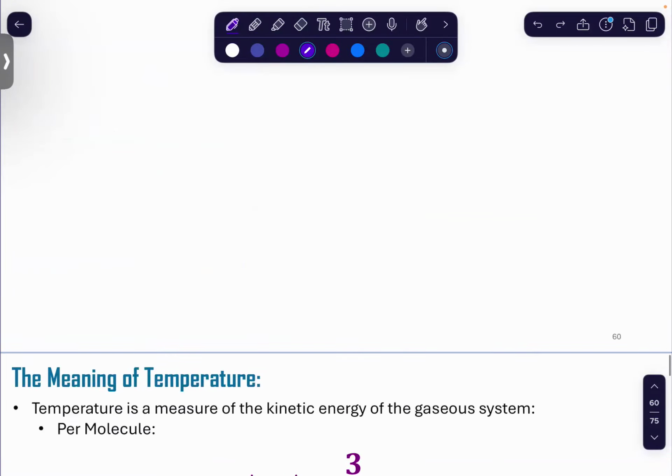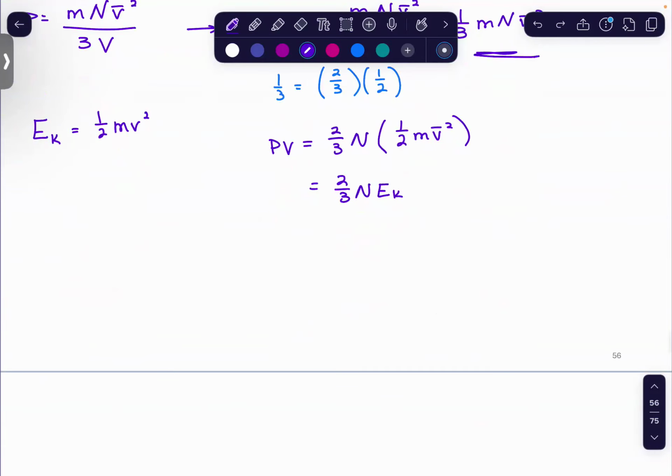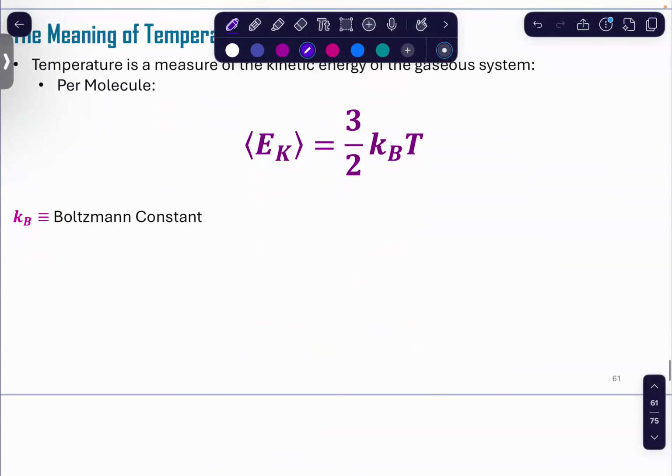Okay, so I go back up. I did leave myself too much room there, didn't I? Okay, so if I have PV equals 2/3 N times kinetic energy, then I'm going to come down here and substitute in this for my kinetic energy.